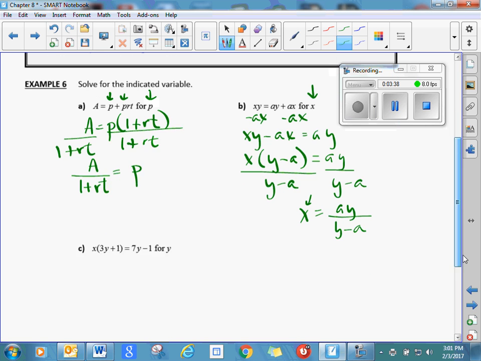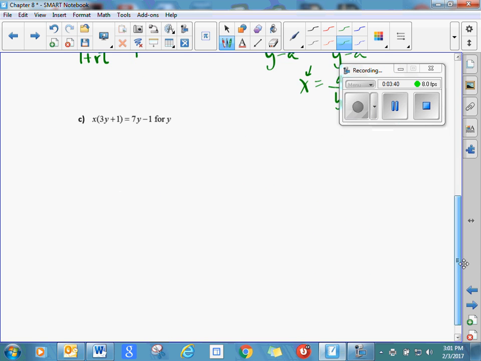All right, so here's an example. This is going to take a little bit longer because we do have some distribution. So the first thing I'm going to do is distribute: 3xy plus x equals 7y minus 1. And oh yeah, we're solving for y. That's the first thing I should have pointed out to you, the variable that we're solving for.